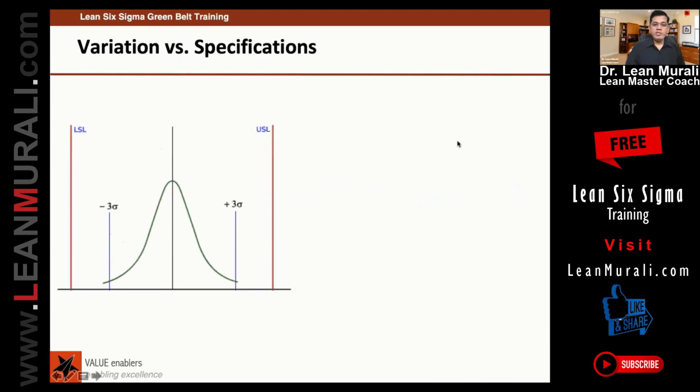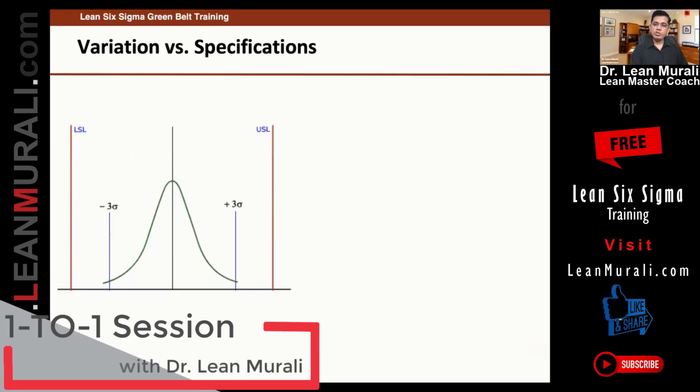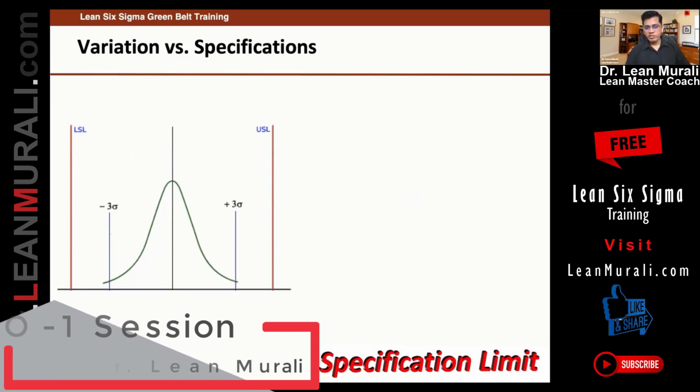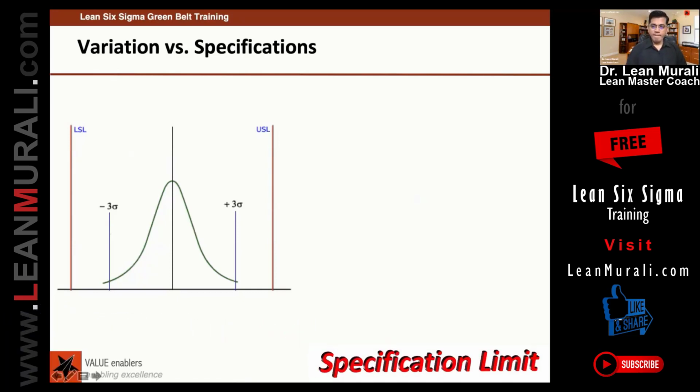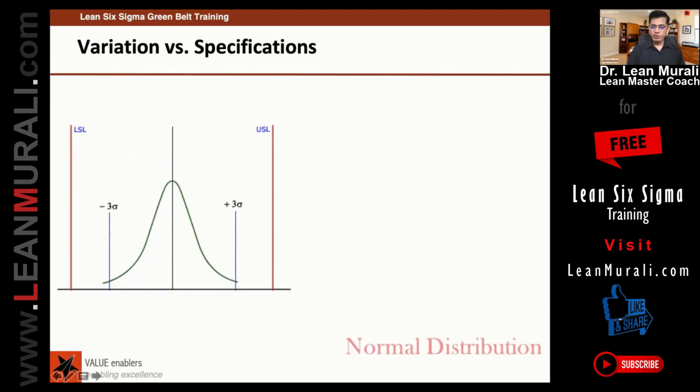Now, I'm introducing what is called specification limit. In most cases, you will have a lower specification limit and an upper specification limit. Okay, and most of the data form a normal distribution.